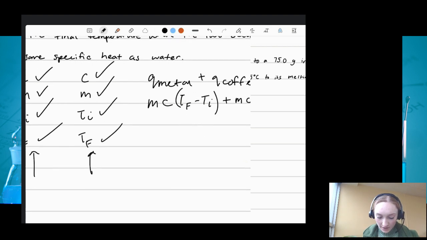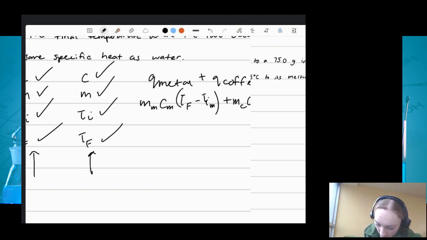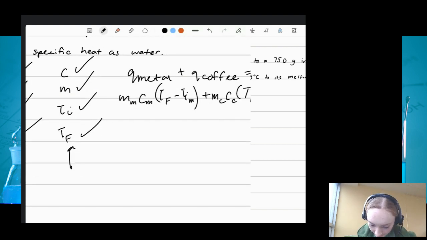Oh, and because we're solving for two different Q's, I'm going to put little M's underneath this so we know what we're talking about. Okay, so let's solve for everything over here.